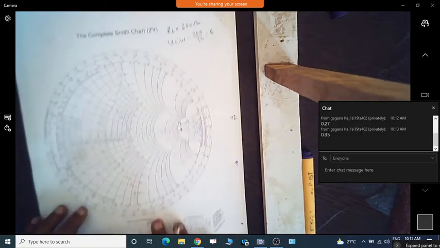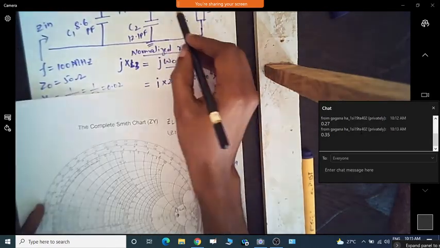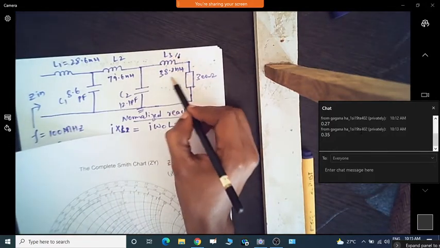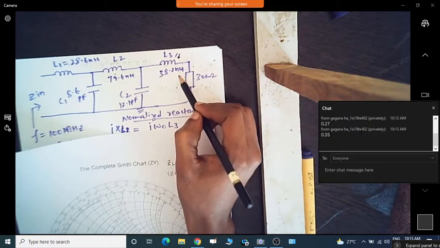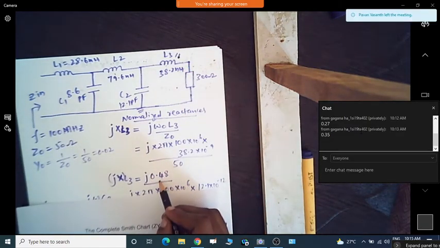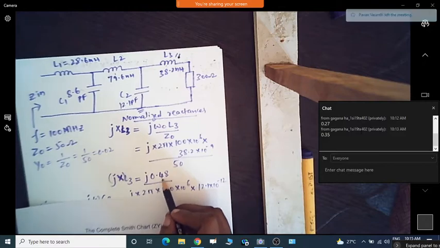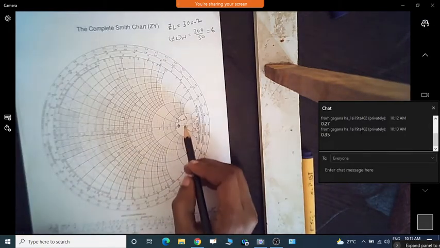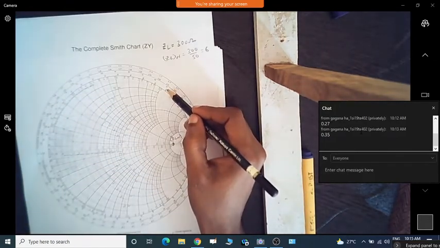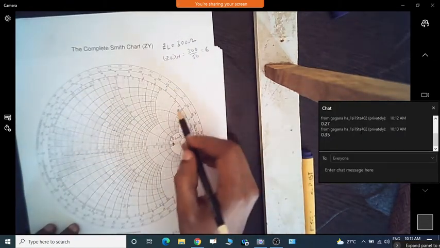So after this marking, now we need to add the reactance offered by the inductor L3. Okay, so the inductor L3 is offering 0.48. Since it is a series inductor, we have to add the positive value, which is 0.48.